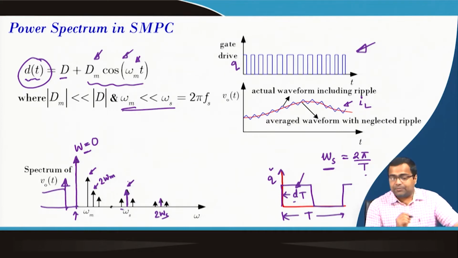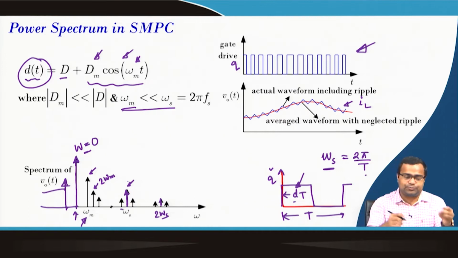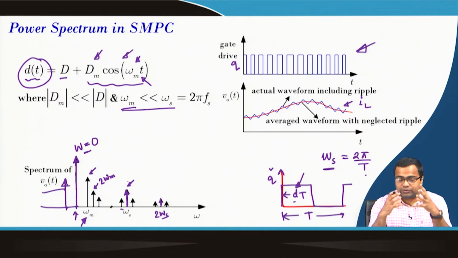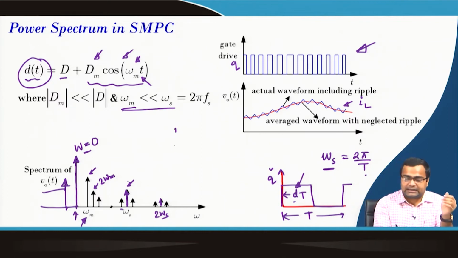Now, we are interested in obtaining the behavior of the system: if we excite with a modulating frequency omega m, we want to see the effect on the output. That means, if we excite the duty ratio with an omega m sinusoidal excitation, we want to see the effect in the output voltage at that particular frequency, because we want to derive a linear time invariant, LTI, model.